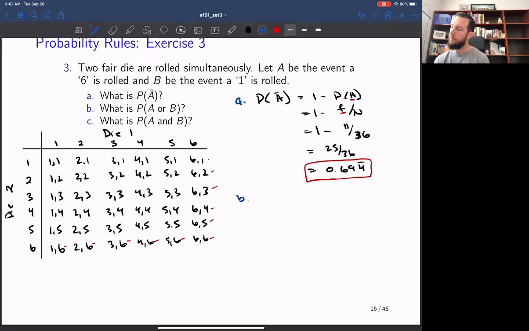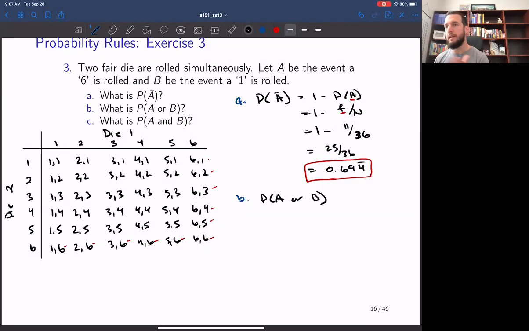Okay. In part B, it says, what is the probability of A or B? Okay, so A is the event a 6 is rolled. B is the event a 1 is rolled. So you can see from the sample space that there are two different occasions where 1 and 6 occur at the same time.